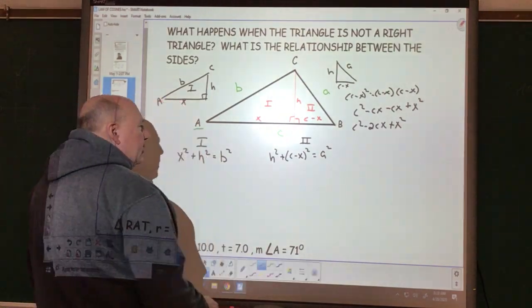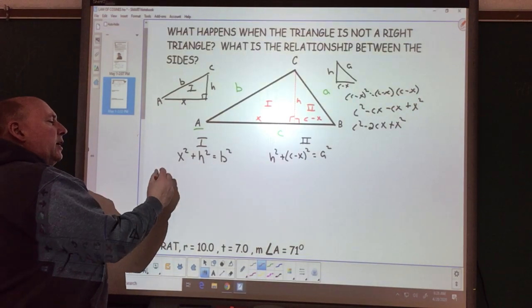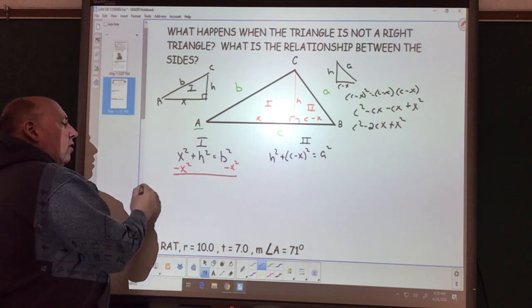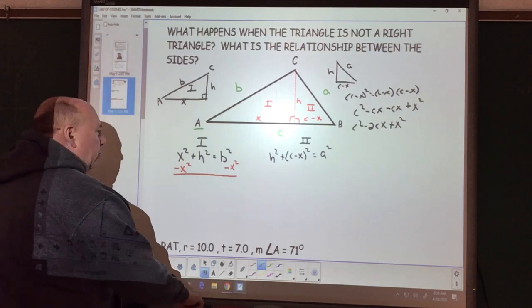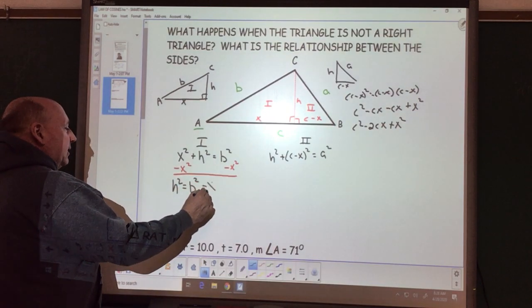I'm going to do two things here at once. We're going to take a look at this equation here, and I'm going to subtract X squared from both sides. So what we are left with is H squared is equal to B squared minus X squared.